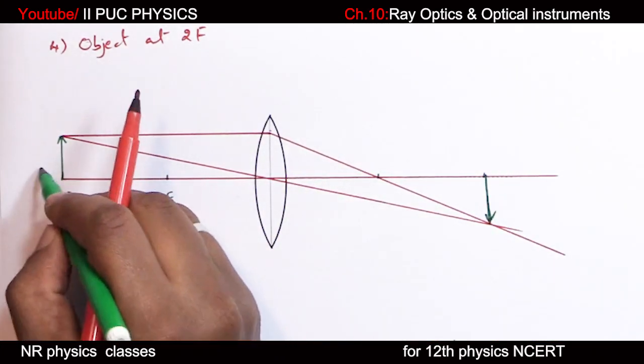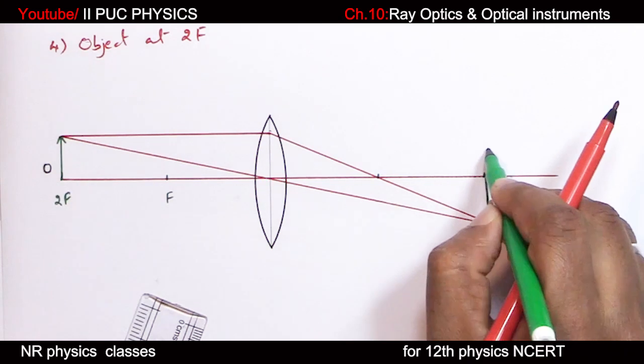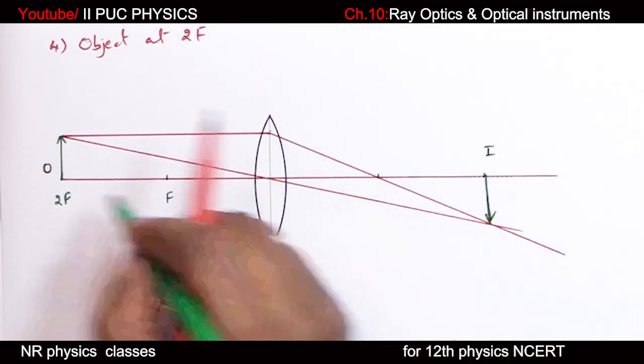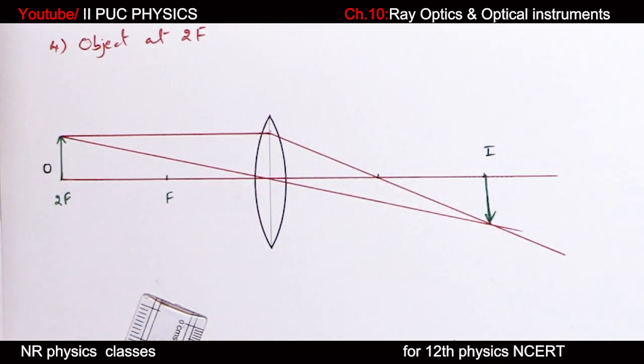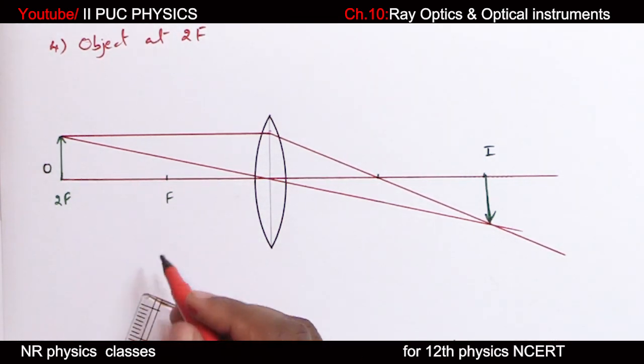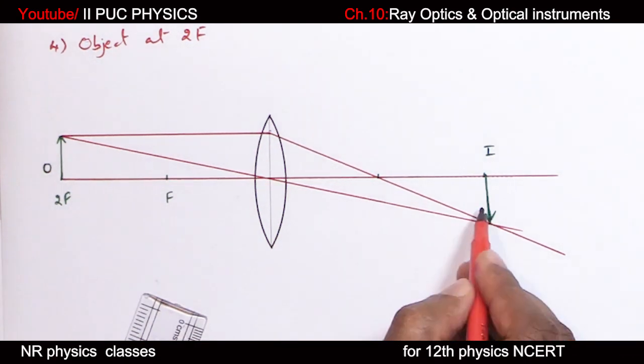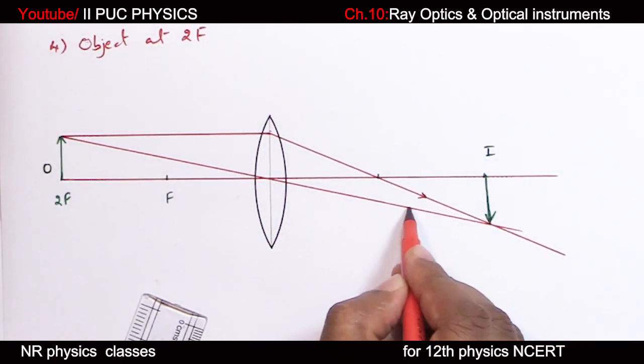So this is object O and this is the image. Here the height of the object equals the height of the image. Inverted, this image is due to converging rays.